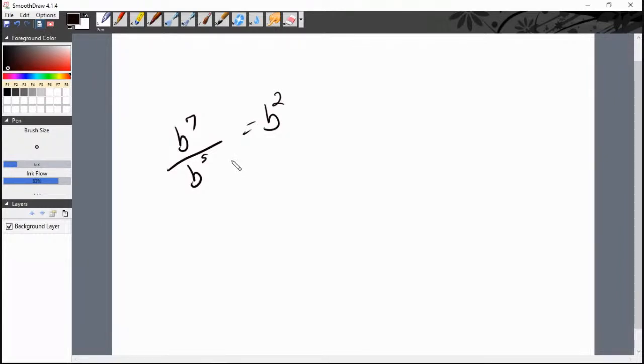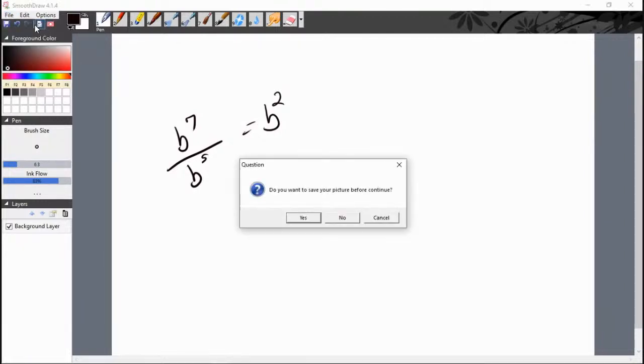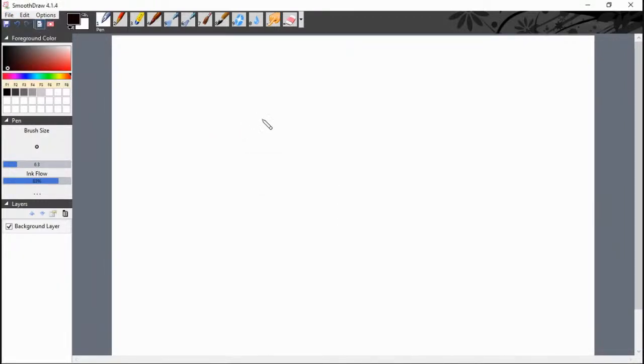If the bottom number is bigger than the top number, so let's say you have a over a to the 4th power. Okay, what you're going to have is a to the negative 3. And why is that? Because this has an understood exponent of 1. Remember that. So it's 1 minus 4, negative 3.